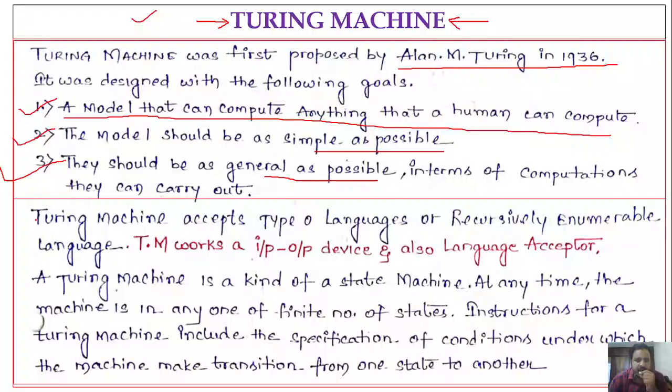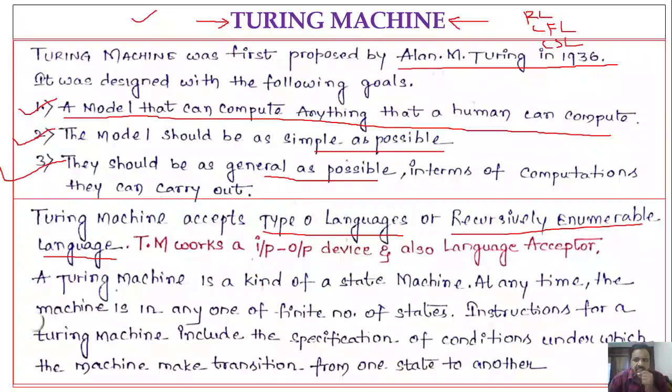This Turing machine accepts type 0 languages or recursively enumerable languages. We have seen in the previous sessions that finite automata accept regular languages, and pushdown automata accept context-free languages. Linear bounded automata accept context-sensitive languages, and now the Turing machine accepts recursively enumerable languages.